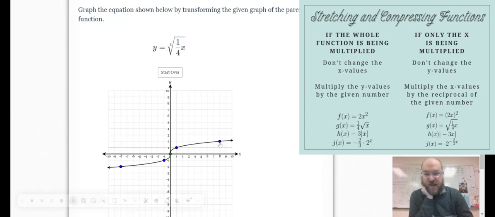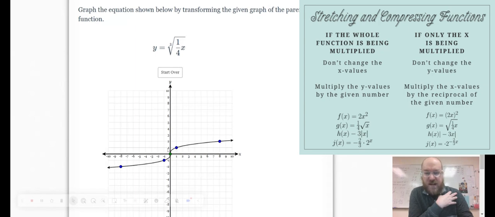So let's look at this dot here. Don't change the y value, so don't change this 2. This dot is going to stay on y as 2. But we're going to multiply the x value, 8, by 4, which is 32. So this dot's going to go way off the screen. So we need to do a dot much closer. Let's do this (1, 1) dot here. So we're not going to multiply the y.